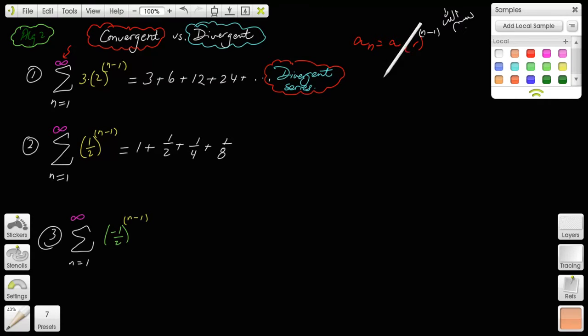Because all of these are geometric series, the common ratio is 1/2, but if you weren't sure, you could just write them out like that. If you continue like this and keep going, you can see the numbers here are getting smaller and smaller and smaller. And this is a convergent series.